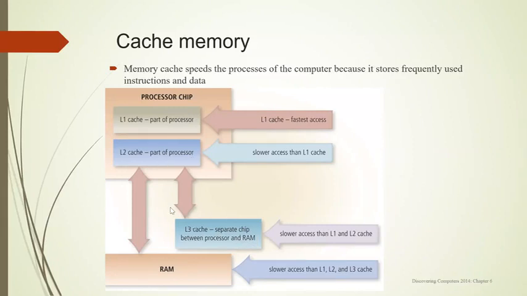Then L2. These L1, L2 are in the processor chip. In between, they have some architecture. You can see that L3 is separate, not included in the CPU chip. So if you use this kind of chip, the motherboard will definitely be expensive.